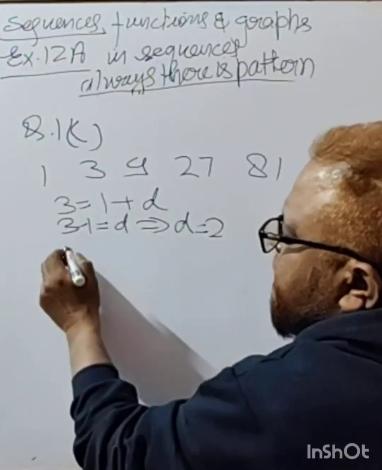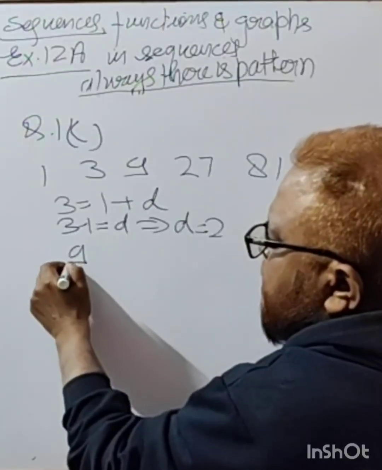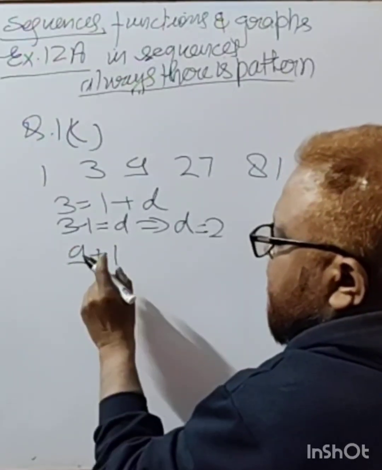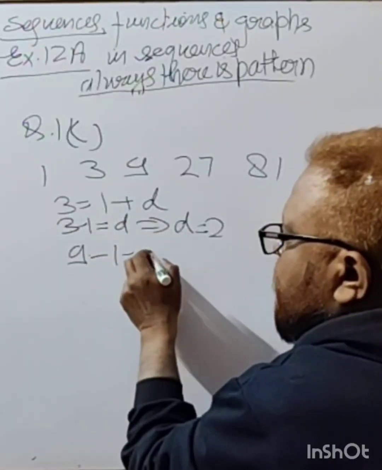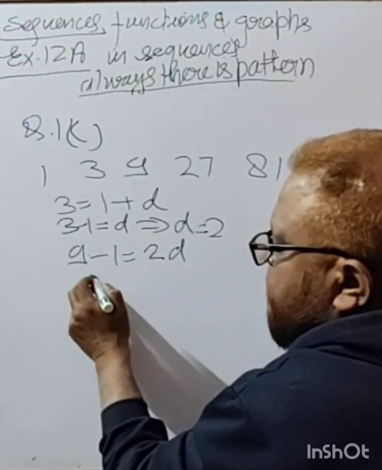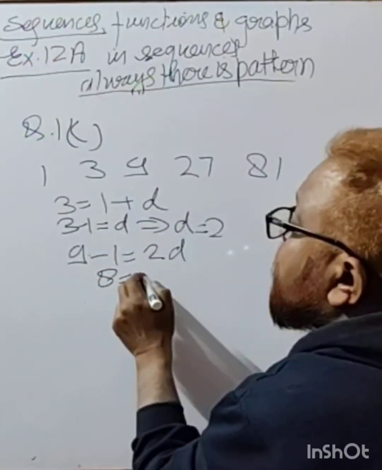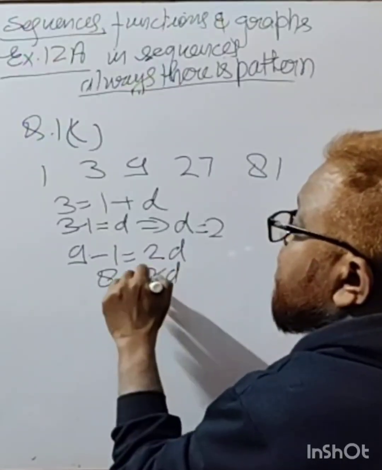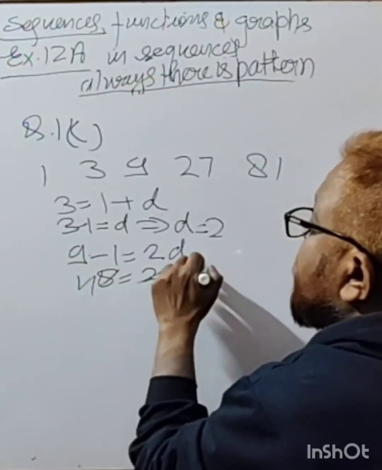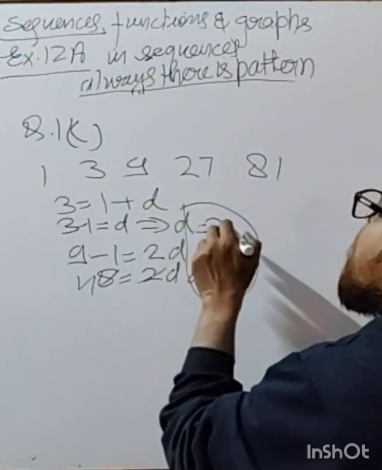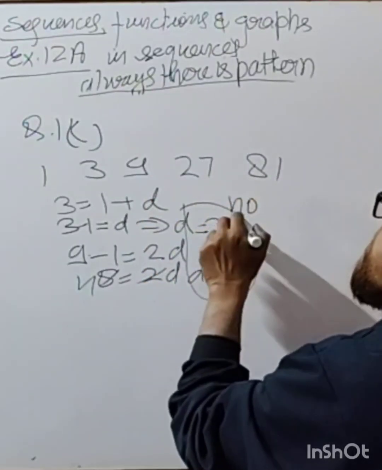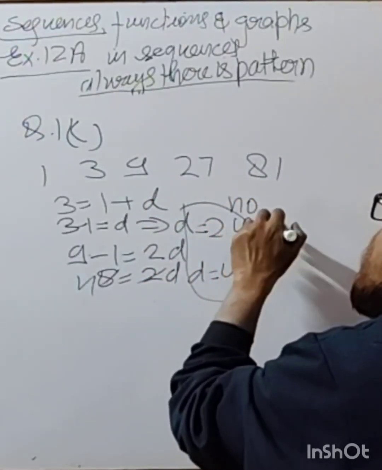If I take this, 9 minus 1 is equal to 2d, so 8 is equal to 2d, so d is 4. So there is no common difference.